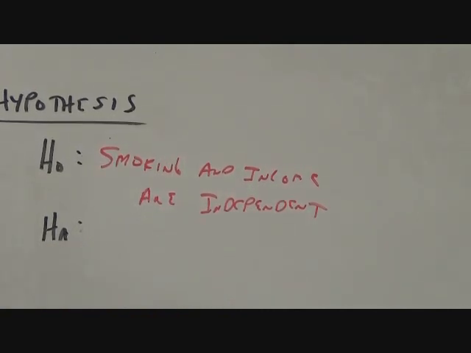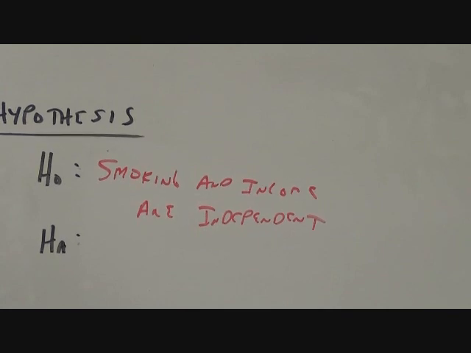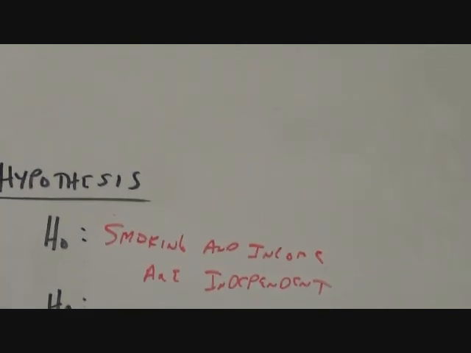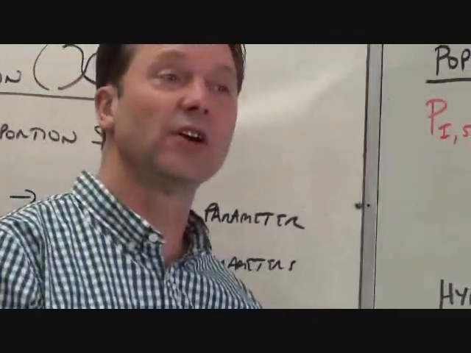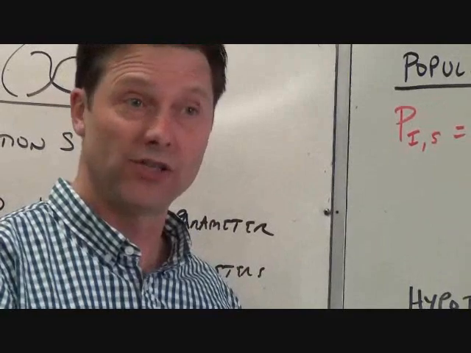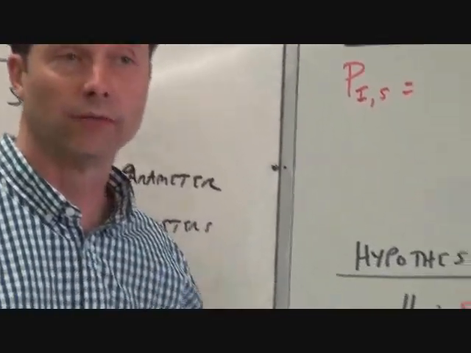Smoking rates don't change with how much money you make, that's what we're going to assume. Nothing's going on here, nothing to see. All those graphs we put together would have kind of the same probability. Another way you might see this is there is no relationship. You might see it written that way as well. There is no relationship between smoking and income level.